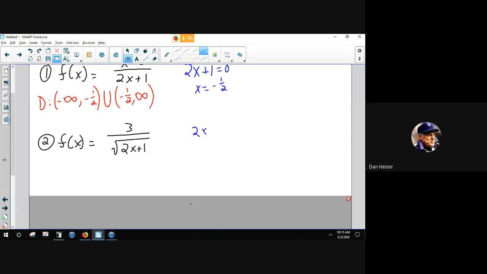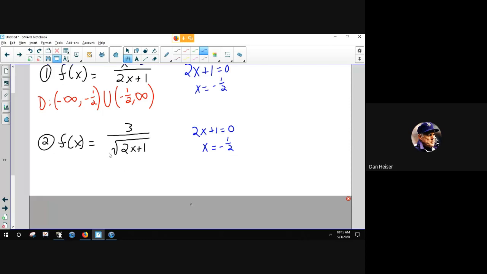I know that x cannot be negative 1/2, but I also know that the square root has to be positive or 0. So we have two things to consider here.